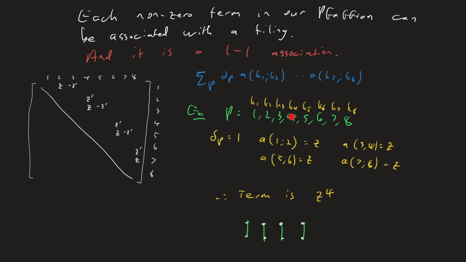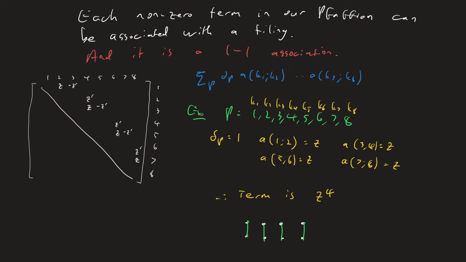Given any other permutation satisfying the ordering requirements, either it will correspond to a valid tiling, in which case this term will contain z to the power of something, z prime to the power of something else, where the two powers sum to 4 because we need 4 tiles, and depending on how many vertical versus horizontal tiles we have here, that will determine the power of z and z prime.